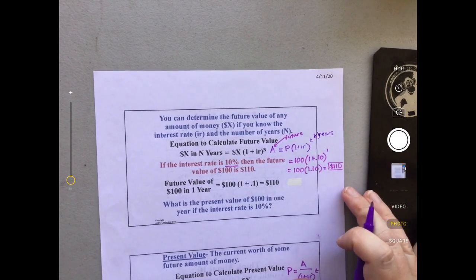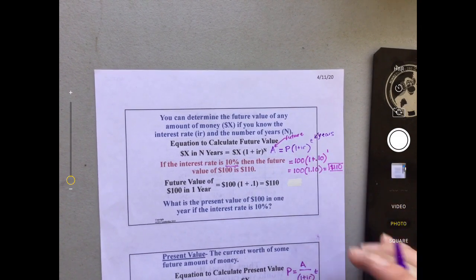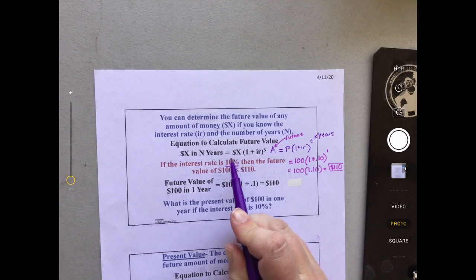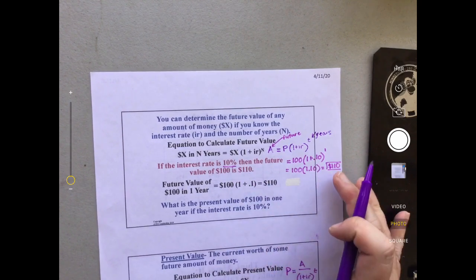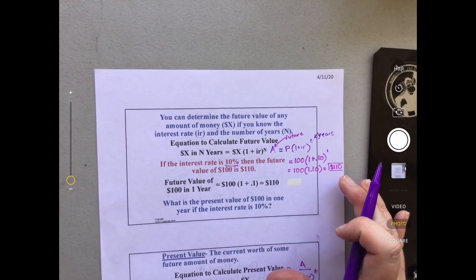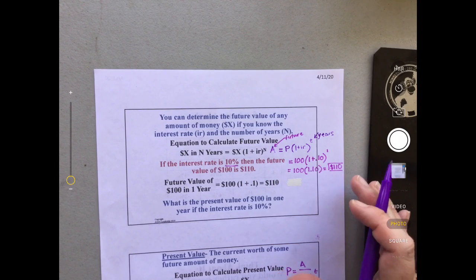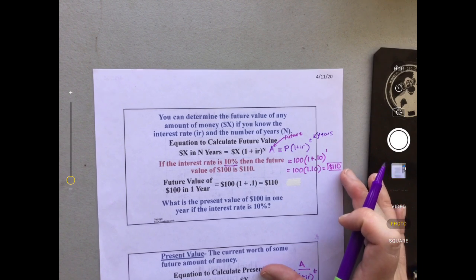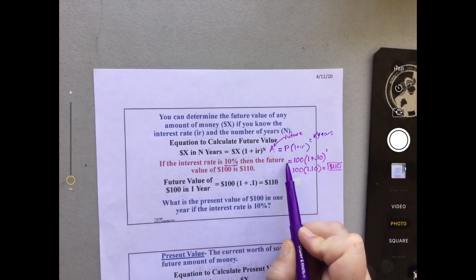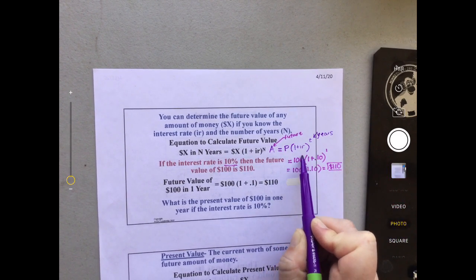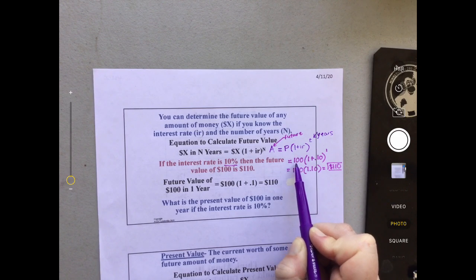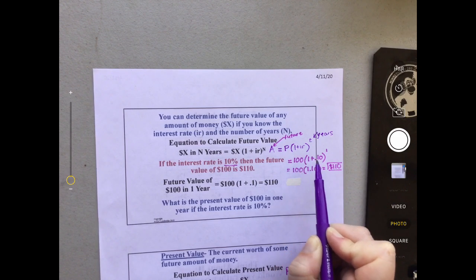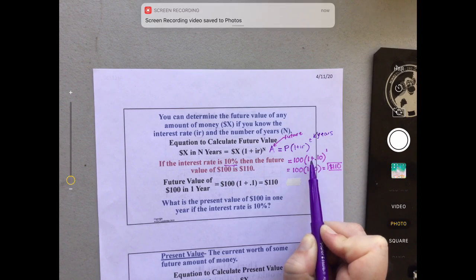So if we wanted to compute this example, they say the interest rate is 10%, or 0.10 if you put it in decimal form. Then the future value of 100 is 110. Well, how did they get that 110? Well, we're plugging it into our equation, so that's going to equal the principal, how much we start with. That's 100, and times the multiplier, 1 plus the interest rate in decimal.